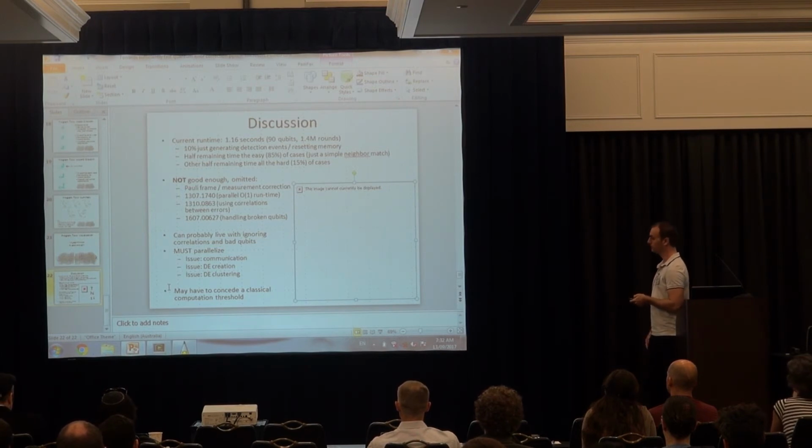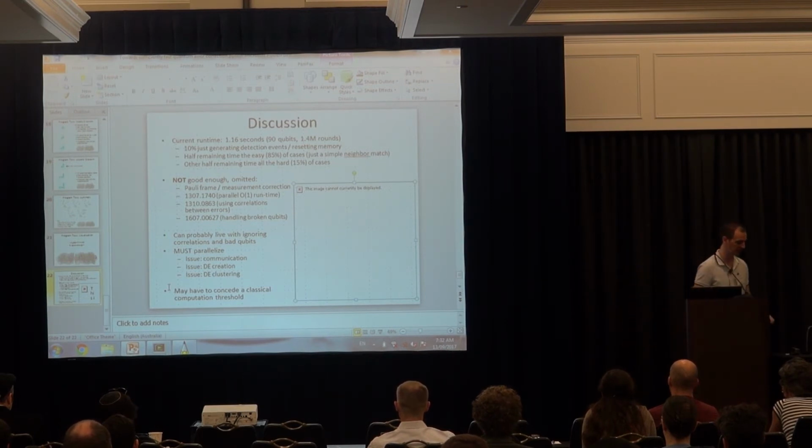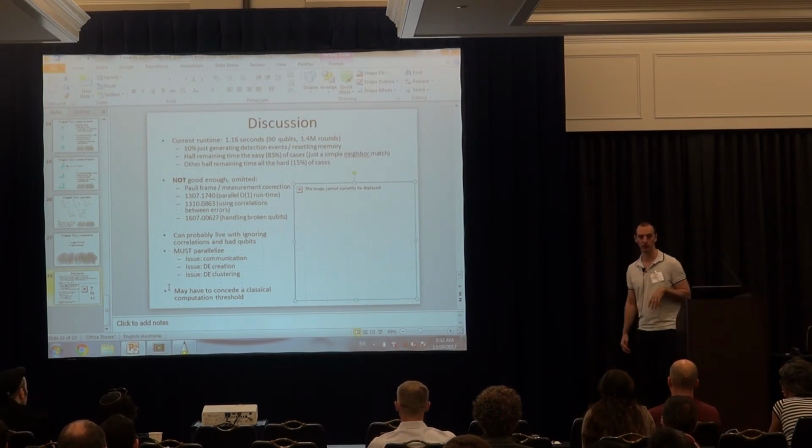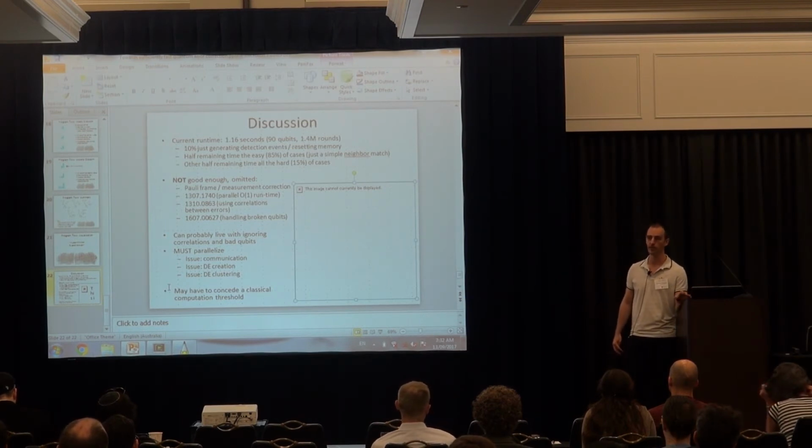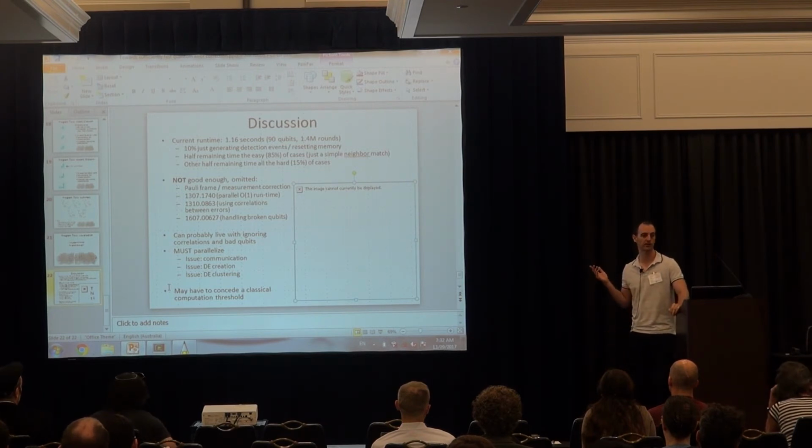So the other option, which would be sort of a worst case embarrassing situation for us theorists, would be you would have to concede that there is a threshold that has nothing to do with your error correction code, nothing to do with the hardware, it's to do with your decoder. Your decoder can literally not keep pace with the hardware unless the error rate is low enough. So I mean, this problem would get a whole lot easier if the error rate was 10 to the minus 4, not 10 to the minus 3. And then everything would work and you'd be fine.